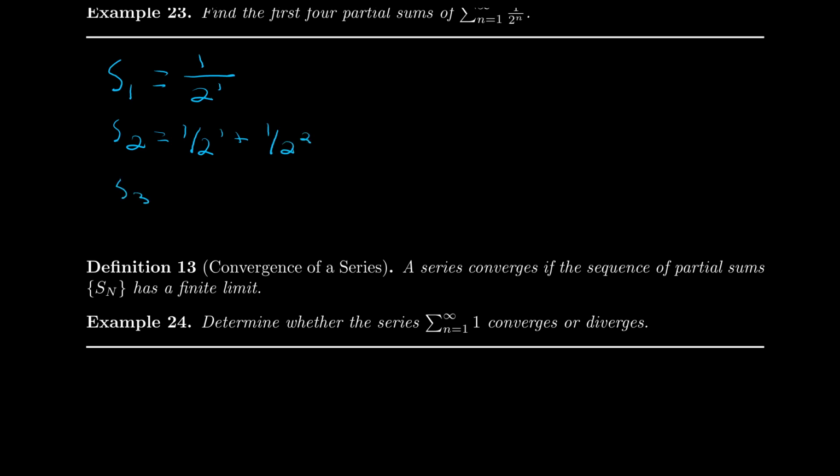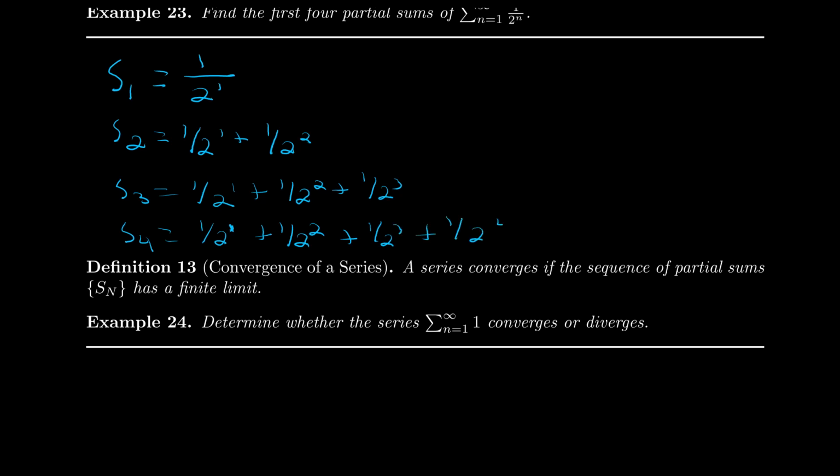S sub 3 must be 1 over 2 to the first plus 1 over 2 squared plus 1 over 2 cubed. And then S sub 4 must be all of this stuff plus the next term: 1 over 2 to the first plus 1 over 2 squared plus 1 over 2 cubed plus 1 over 2 to the fourth.